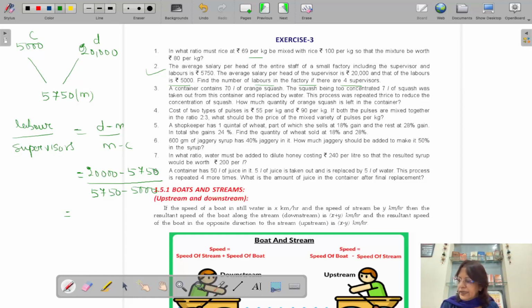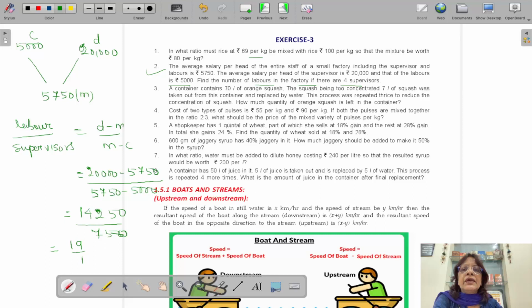When you subtract, it will come out 14250, and this is 750. You can cross check it. And when you simplify this, it will come out equal to 19 upon 1. So the ratio of laborers and supervisors is 19 is to 1.